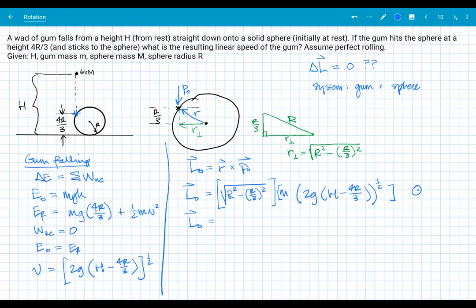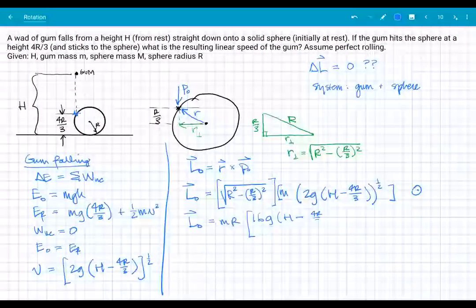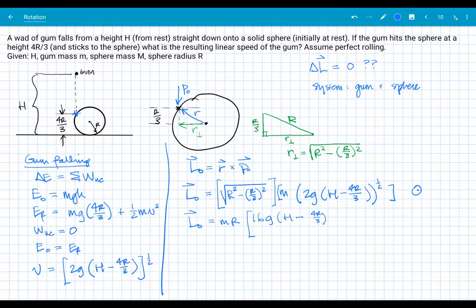My initial momentum will end up being something cuter: mR times the quantity 16g times h minus 4R over 3, all over 9, to the 1/2 power, again out of the page. That's just doing a little simplification.